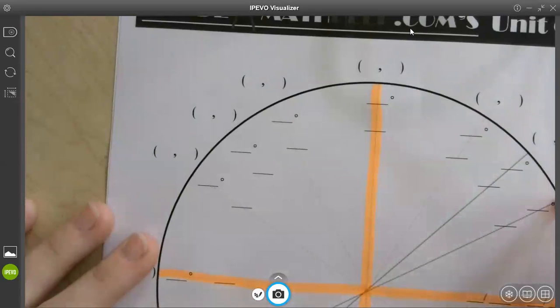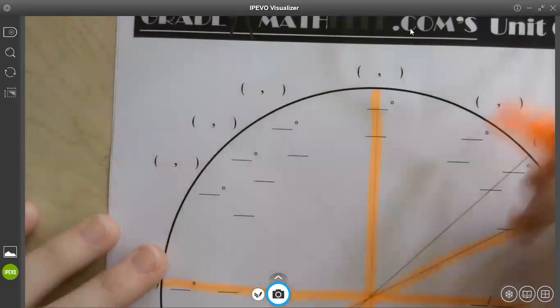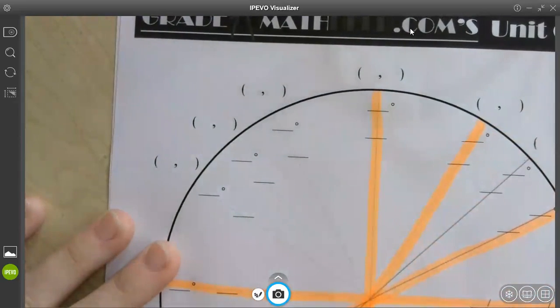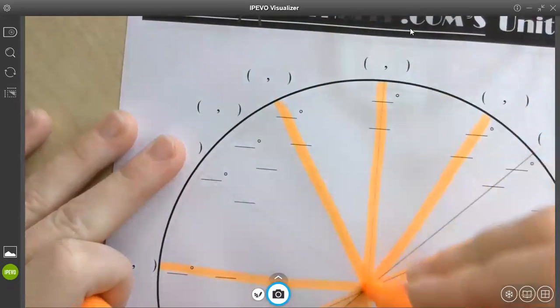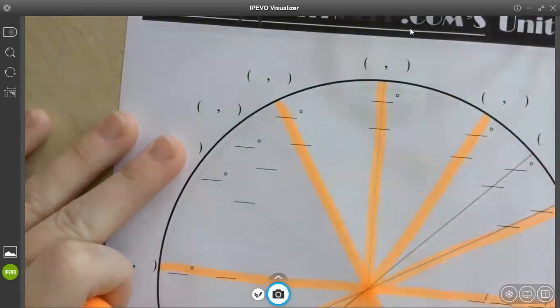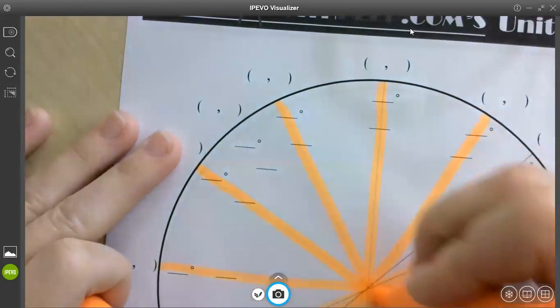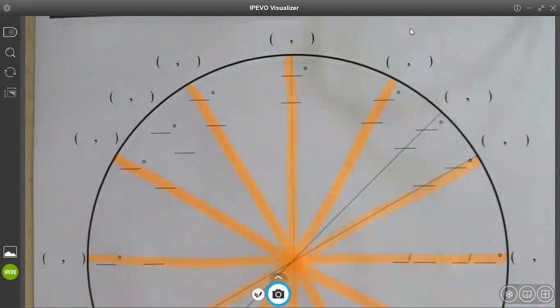But this time, we're going to leave off the 45s and we're just going to do the 6. So it looks like this.